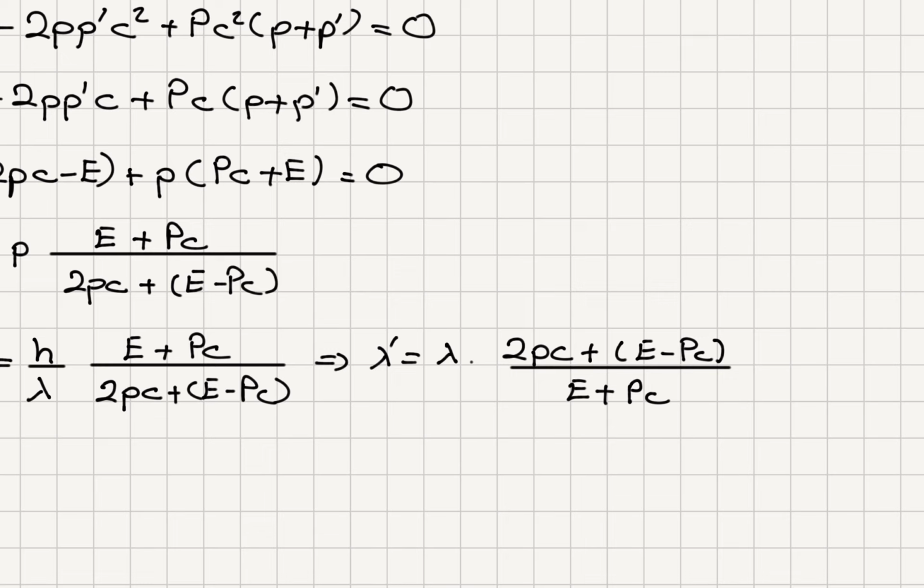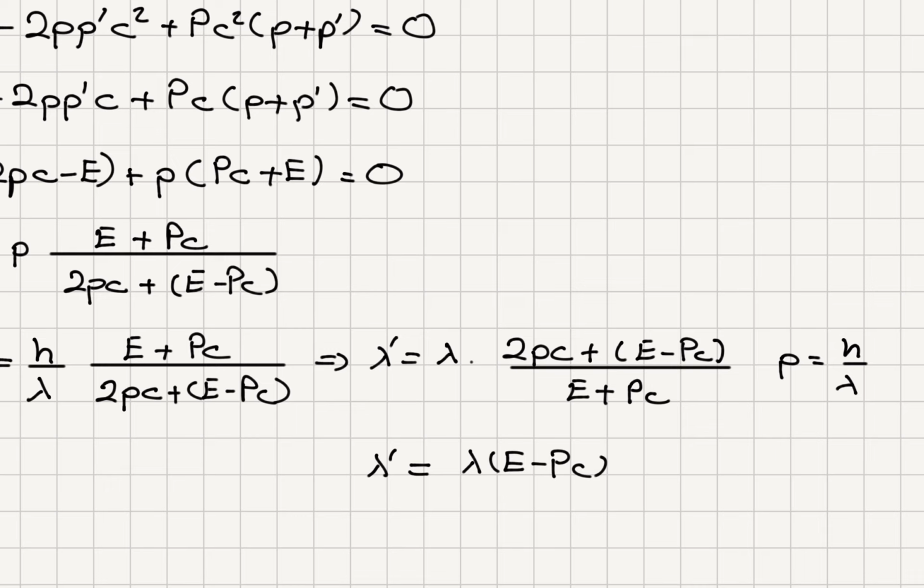And I know that p is equal to h over lambda. So if I substitute that here also, I find lambda prime is equal to lambda times (E minus capital P c).